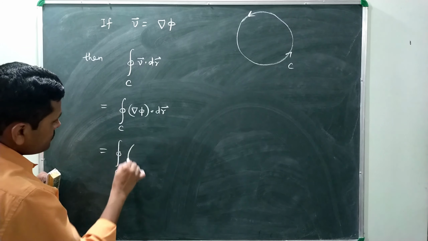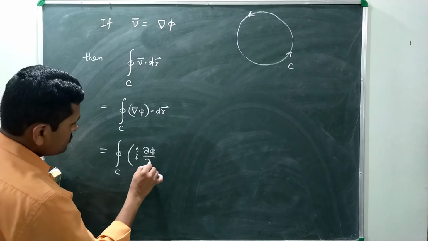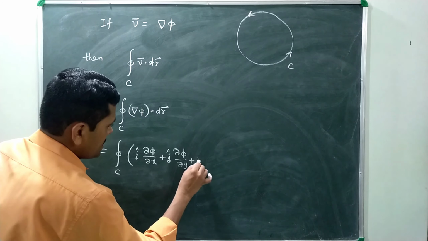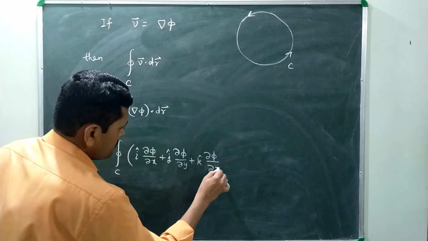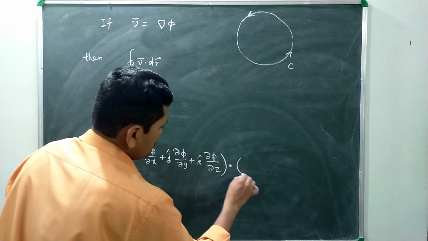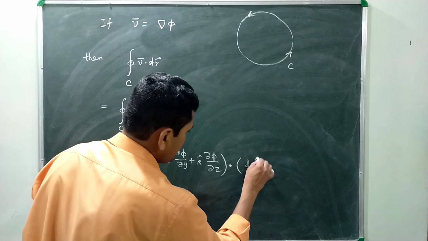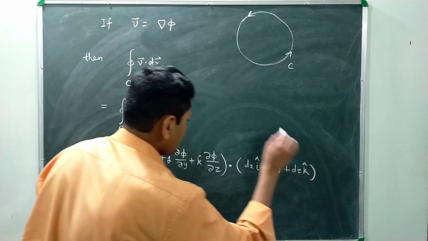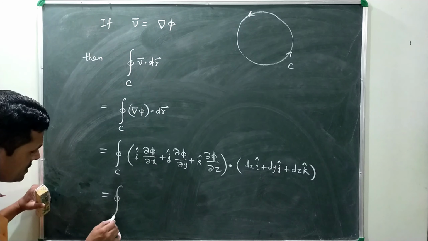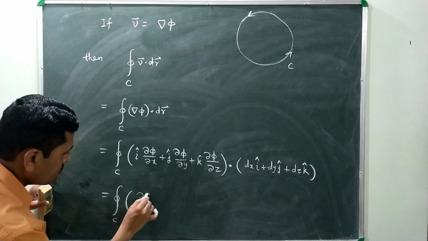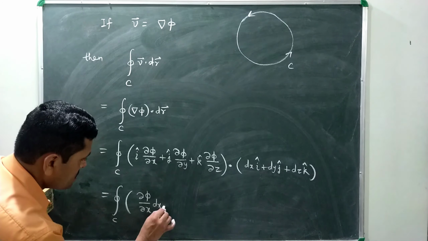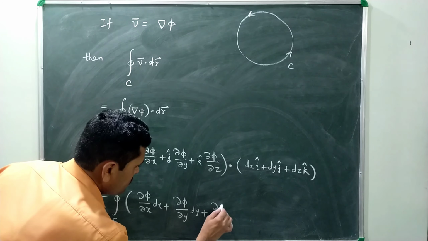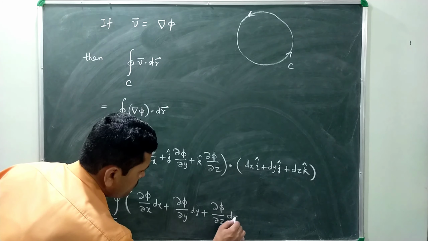Now this may be written as i cap dou phi by dou x plus j cap dou phi by dou y plus k cap dou phi by dou z dot vector dr, means dx i cap plus dy j cap plus dz k cap, and this may be written as dou phi by dou x into dx plus dou phi by dou y into dy plus dou phi by dou z into dz.